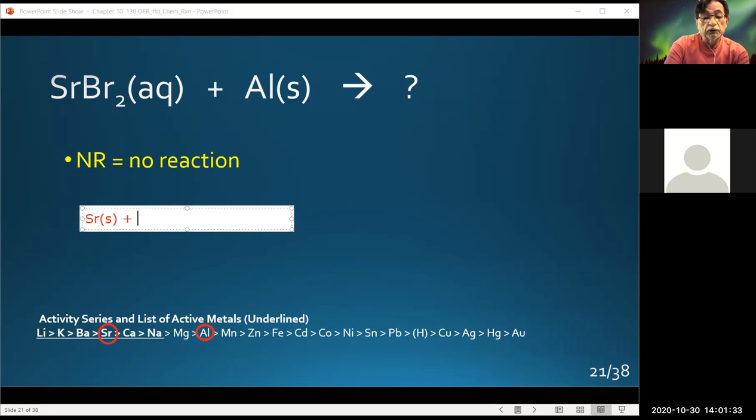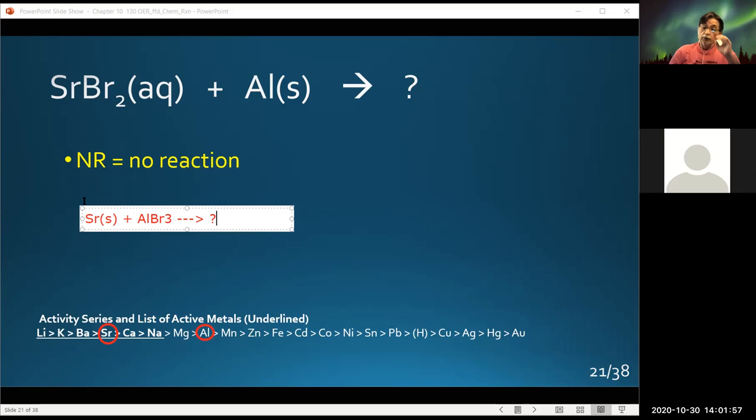Reacting with, we'll go ahead and use aluminum bromide. Okay. And maybe you're given that scenario. Same questions. Who's more reactive? Strontium is more reactive. Second question, is the most reactive already in the compound form for that reaction I just wrote?